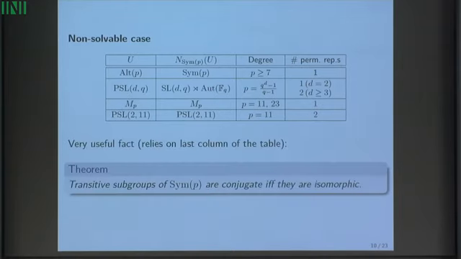Okay, so here's a theorem. I'm not sure how well known it is, but it's very useful for us. It uses the last column of the table. Transitive subgroups of Sym p are isomorphic if and only if they're conjugate. Anyone heard that before? But that impinges on our conjugacy problem straight away.